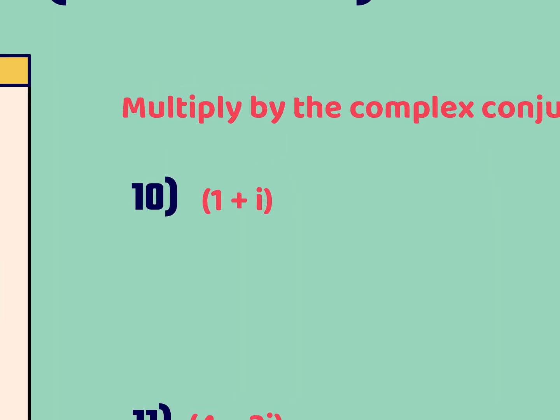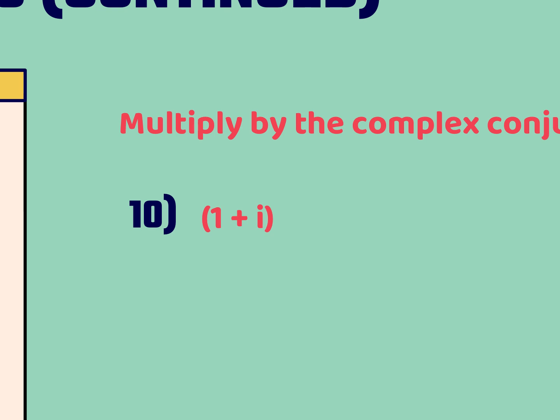So let's just talk about these two conjugates right here. What would the complex conjugate of 1 plus i be? So I'm going to multiply these two together. FOIL: 1 times 1 is 1. 1 times negative i, negative i. 1 times i is plus i. i times negative i is negative i squared, correct?